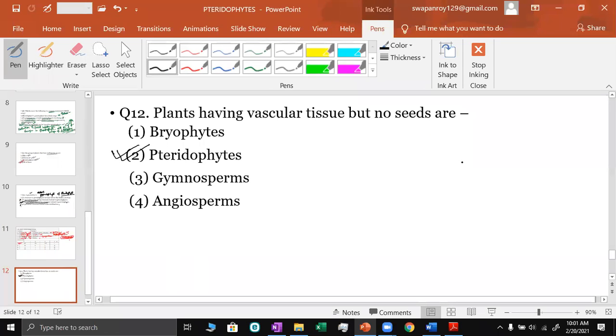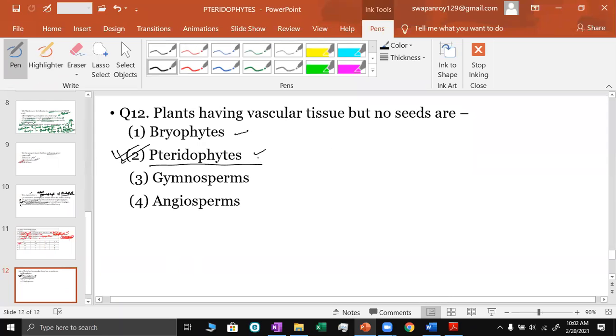Other vascular plants, that is gymnosperm and angiosperm, are seed producing. So pteridophyte is the only group of plants that has vascular tissue but does not produce seeds. So this is the pteridophyte.